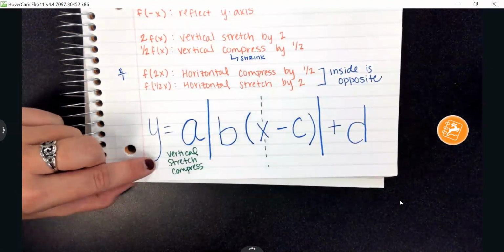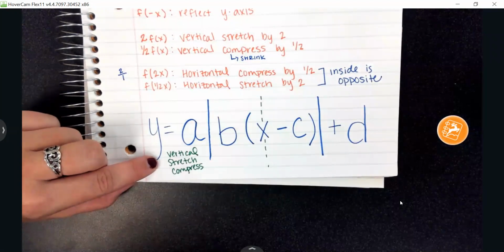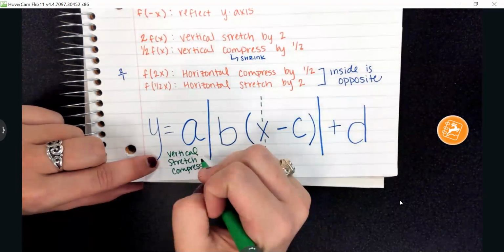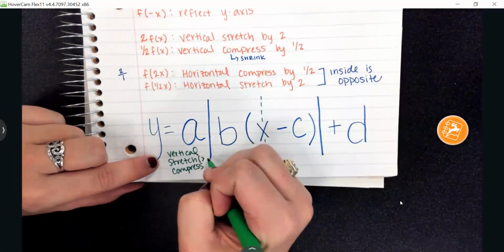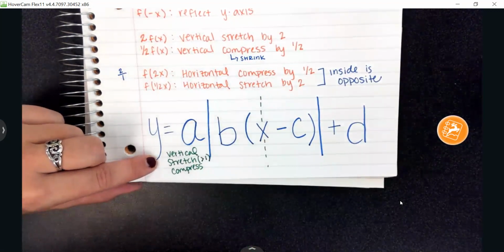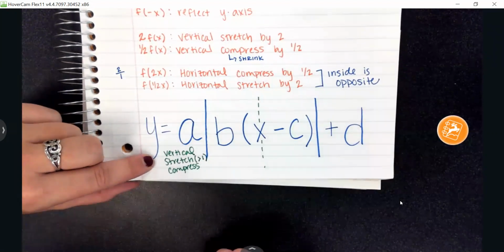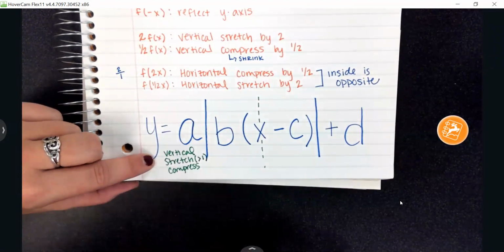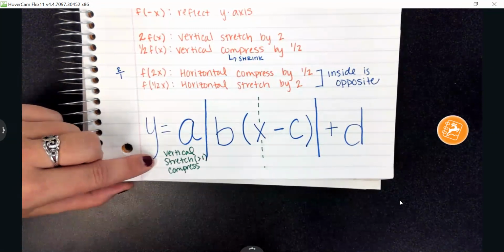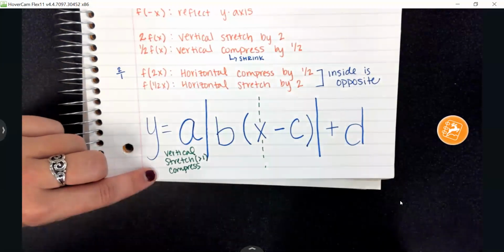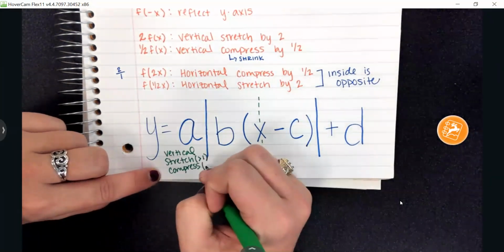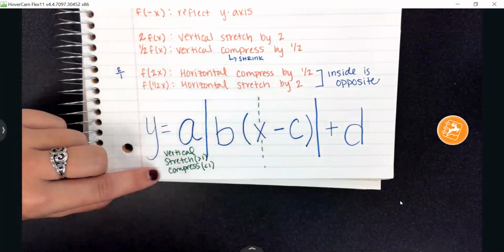How do I know if something is a stretch or a compress? A stretch has to be greater than 1. So the numbers 2, 5, 7, the numbers 6/5. 6/5 is a fraction, but it's bigger than 1. A compress is a number less than 1.